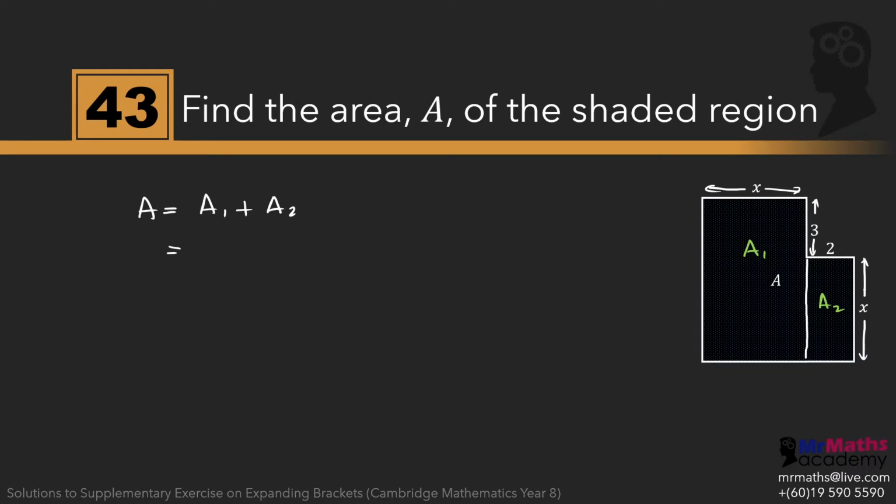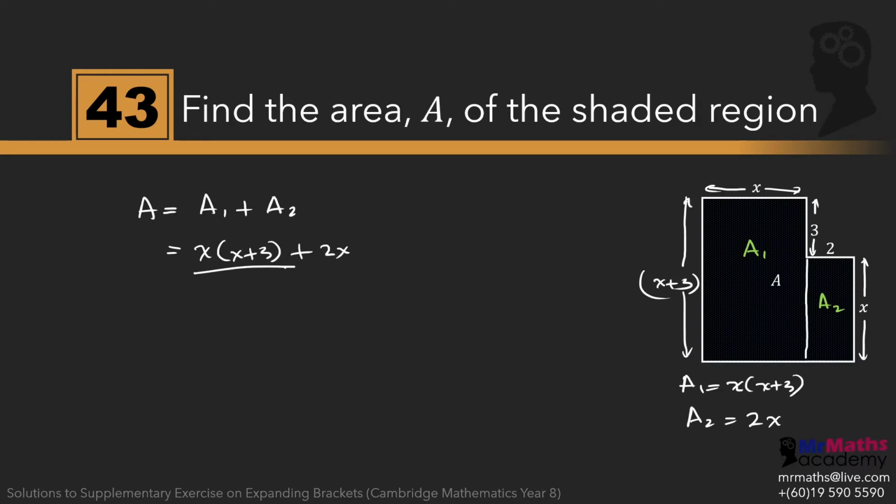As you can see, 3 and x, when added together, become the length of the first rectangle, so that is x plus 3. So A1 is x times x plus 3. A2 is quite straightforward here. A2 is the smaller rectangle. Width times length becomes 2 times x. Now we can add them together, so that we have x times x plus 3 plus 2x.